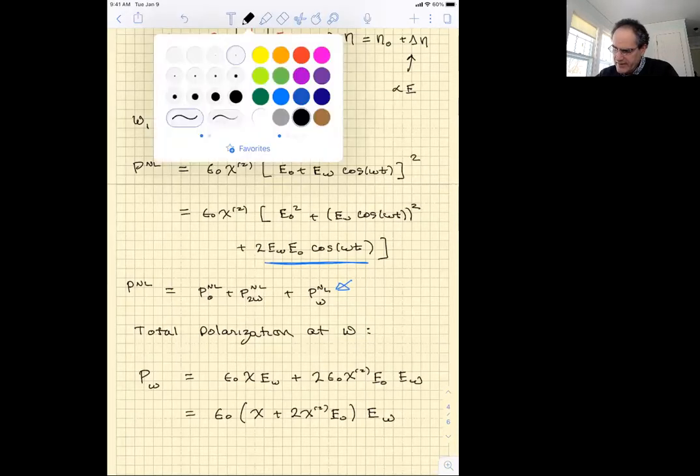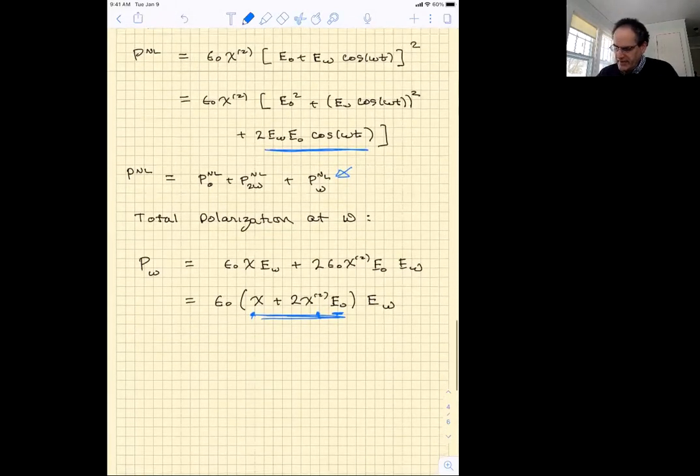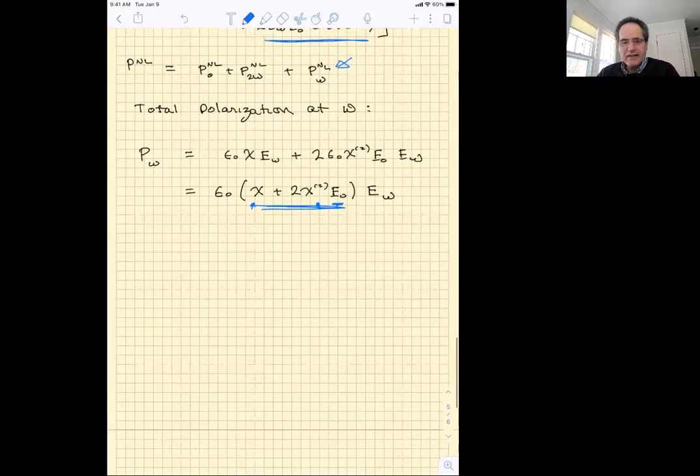And the reason to write it this way is that then we can see that the term in parentheses looks like a new linear electric susceptibility. It contains the actual linear electric susceptibility plus another term, but the second term is proportional to the static electric field. And that's why the index of refraction changes, because the electric susceptibility changes with electric field.